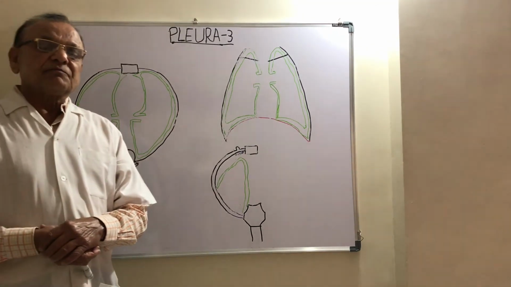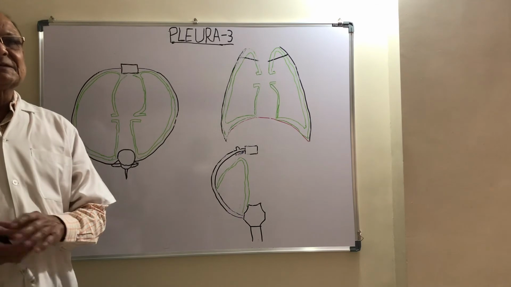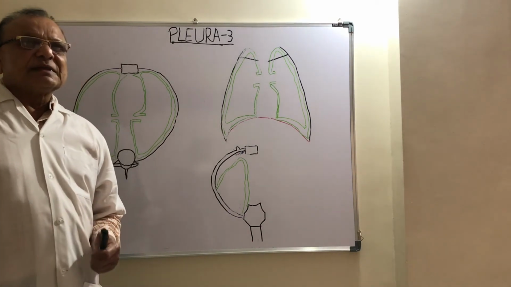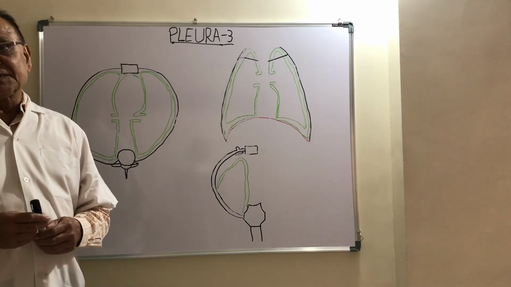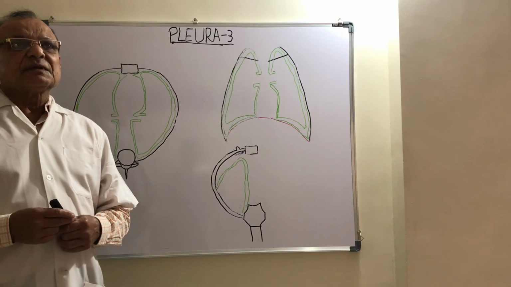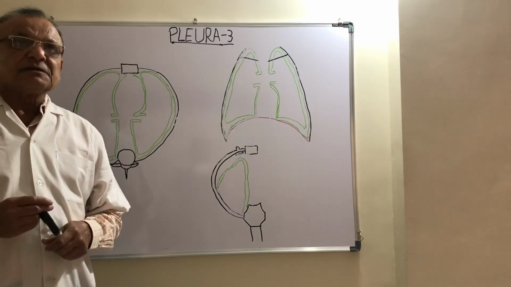Now, suppose there is an accident. In the accident, there is a wound here, and with the wound there is a fracture of the rib. The broken ends of the ribs are not smooth, they are pointed, and during respiration the ribs are moving.